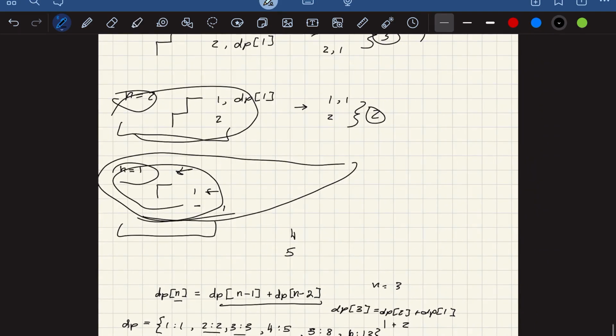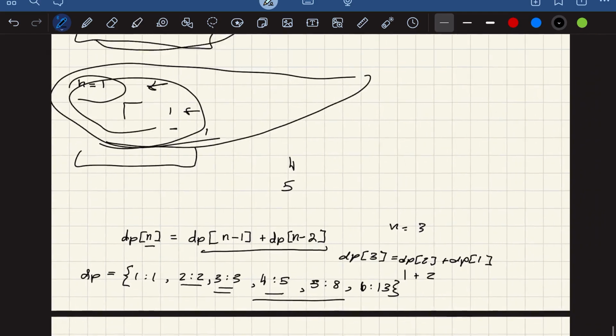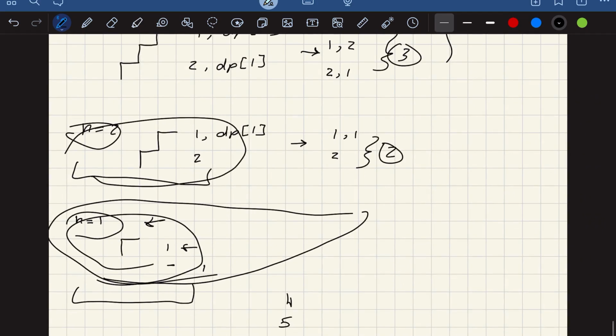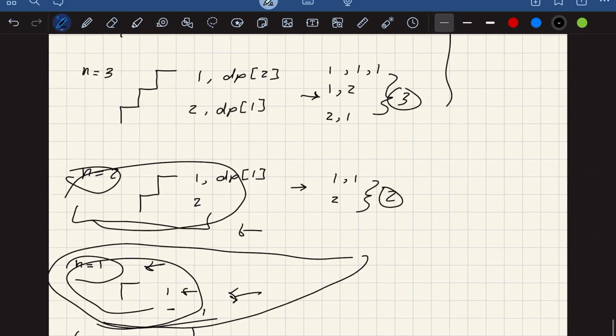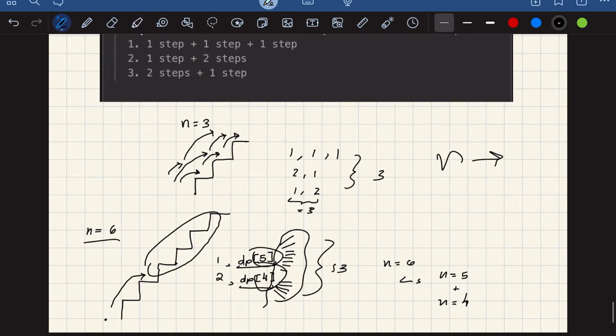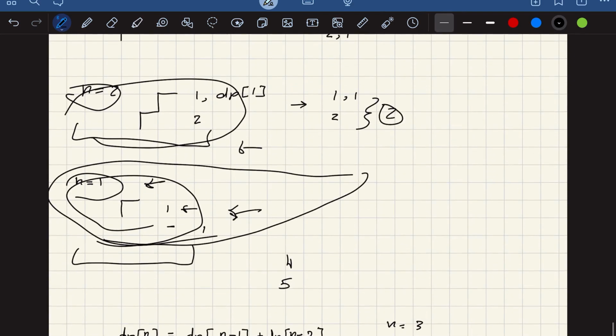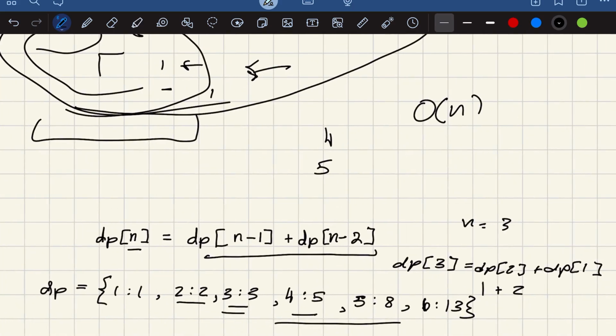Now, here we would start with n equals 1 and n equals 2 and build up all the way to whatever n. We already said that, but that just means that this has a time complexity of O of n, linear time complexity. And that's just because we're performing O of 1 operations here, n times, which is just O of n.